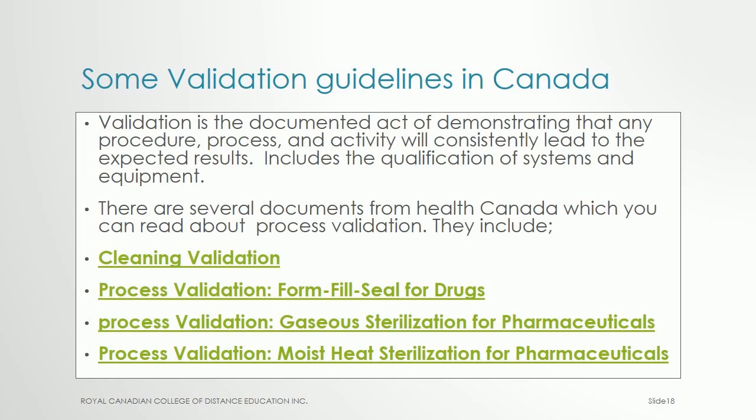There are several documents from Health Canada which you can read about process validation. They include Cleaning Validation, Process Validation, Form Fill Seal for drugs, Process Validation, Gaseous Sterilization for pharmaceuticals, Process Validation, Moist Heat Sterilization for pharmaceuticals.